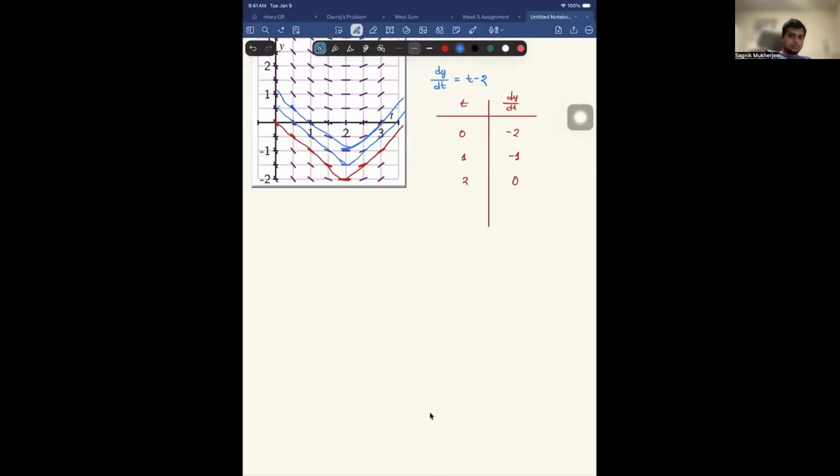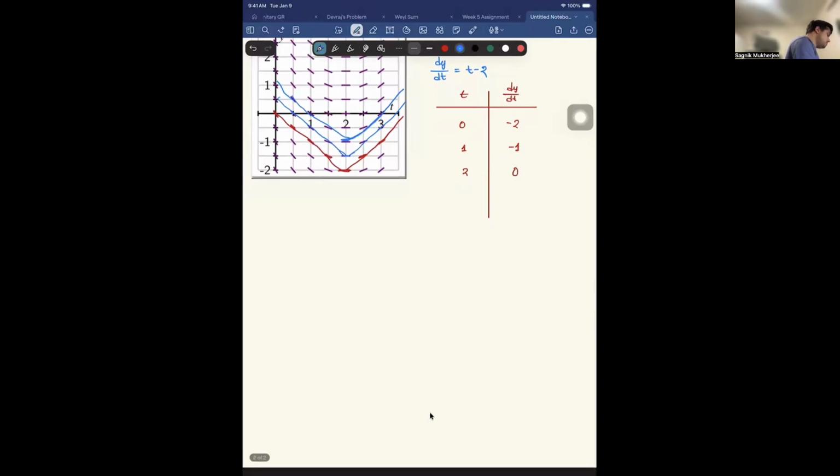So let us consider this equation. dy/dt equals negative 1/2 y times y minus 4, right?